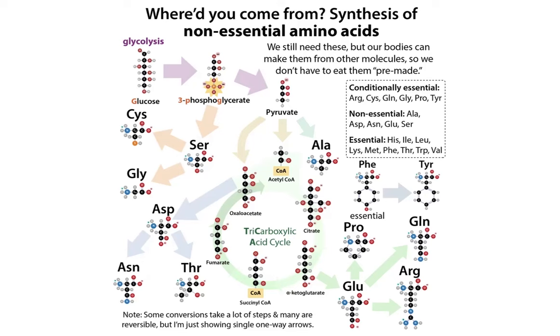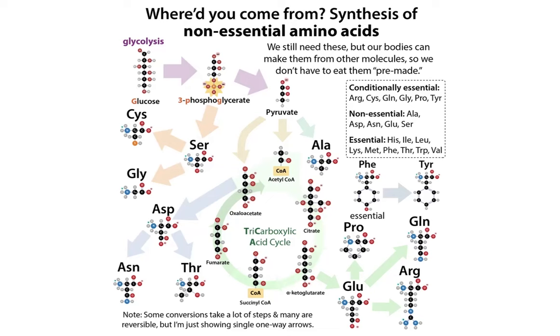But there are other amino acids that are really important too, and we aren't able to make them ourselves from scratch. And so we call these essential amino acids. An example of an essential amino acid is going to be phenylalanine. We need to get phenylalanine from our diet. And if we don't get phenylalanine from our diet, then we can't make it ourselves, and so we're a little screwed.